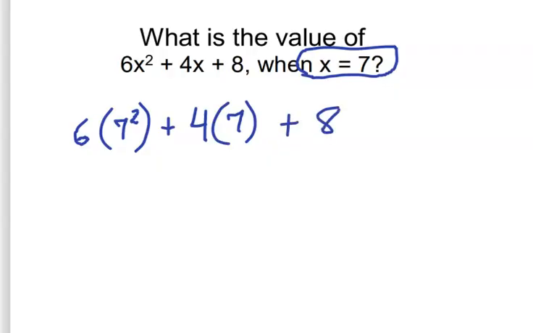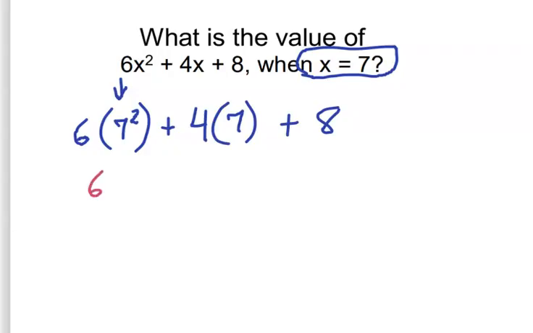All right, well, following order of operations to solve this, we look at parentheses. Well, there are some parentheses. The only one that really has anything that can be solved is right here. So it's going to be 7 squared. Is that 7 times 2? Nope. It's 7 times 7, which is 49.